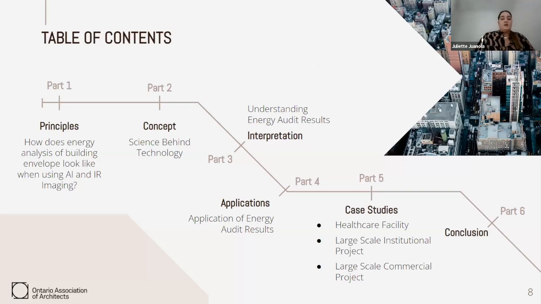The third one is the interpretation, and we'll try to understand energy audit results. And the fourth part is really the application of energy audit results before we move on to concrete case studies to explain these concepts in a more concrete manner and to explain how they can be used in real projects before moving on to the conclusion.